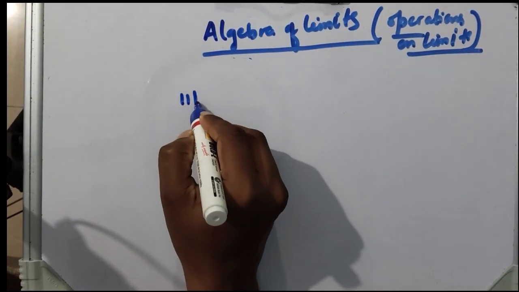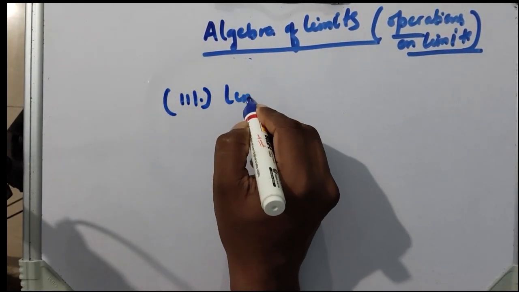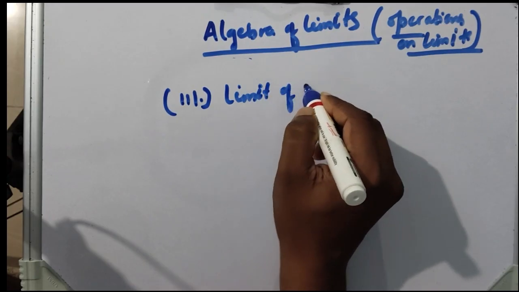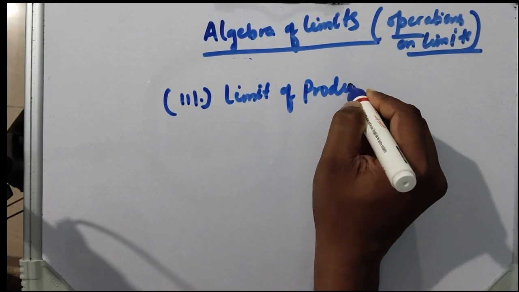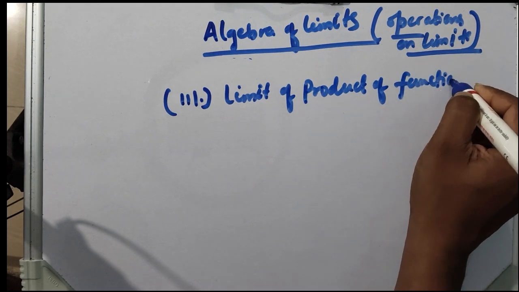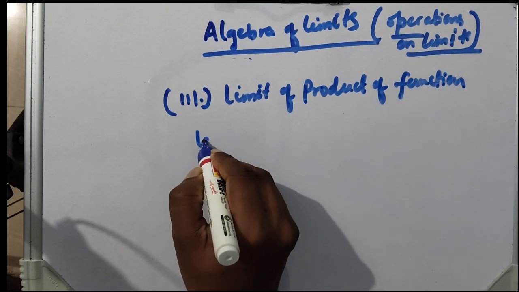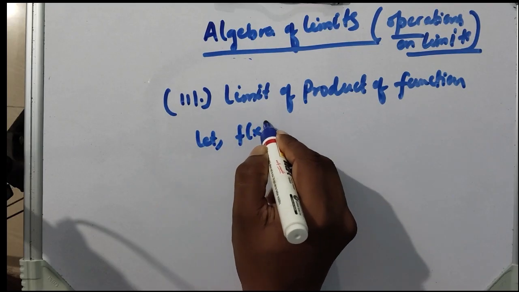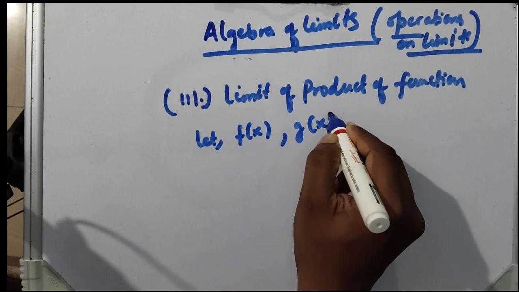Now number 3, the limit of the product of functions. Let f of x be a function and g of x be a function.